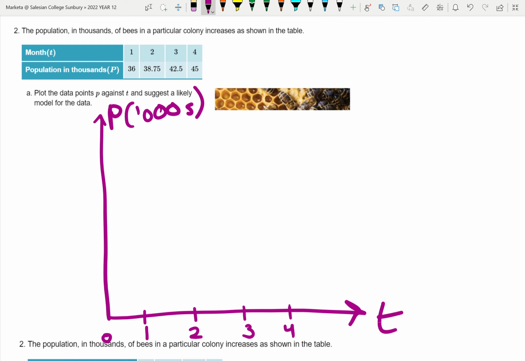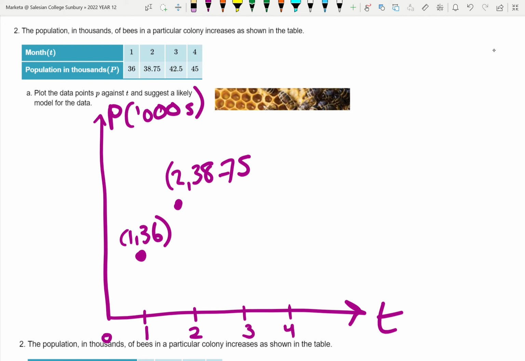My first point is 136, so I'm going to put that somewhere here and label it. And the second point, 238.75. And the next point is going to be 342.5.